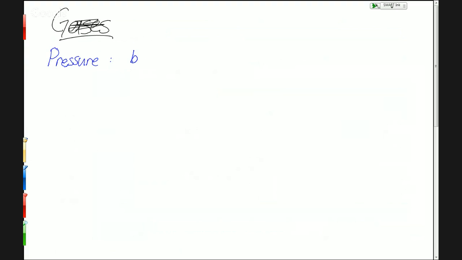Okay. Bar. We've got PSI. What does PSI stand for? Anybody know? Pounds per square inch. Which, if we wrote that in the way that we normally write our units, is pounds divided by inches squared.